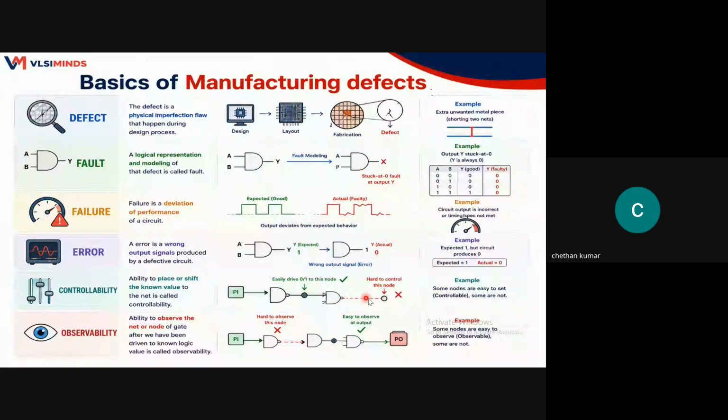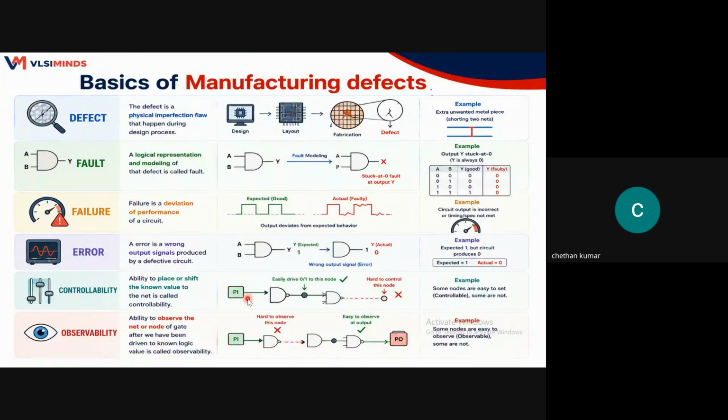If you have a lot of signals or a design where there is a lot of combinational logic and sequential logic in between, I cannot directly control this. What is my output here? I cannot find out what values I should feed and what values I am getting. So I am not able to take control and observability.